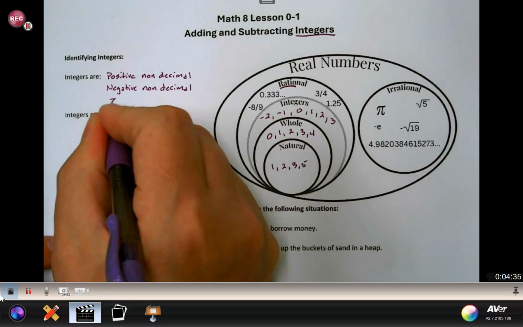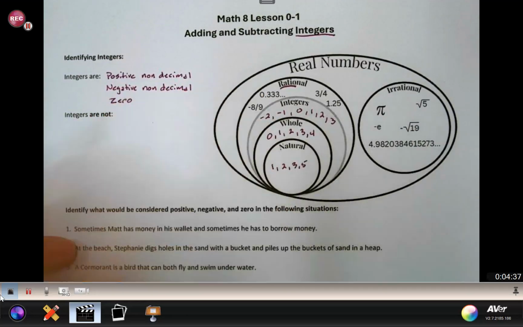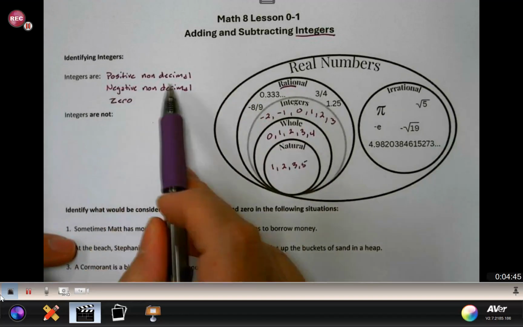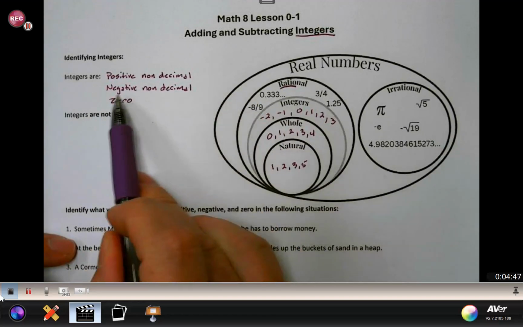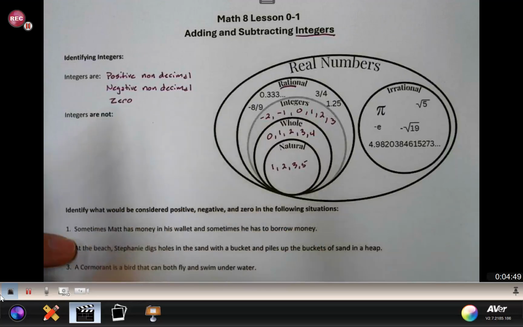And 0. We have to remember that 0 is neither positive nor is it negative. It's just 0. So an integer can be any positive non-decimal number, any negative non-decimal number, and 0.